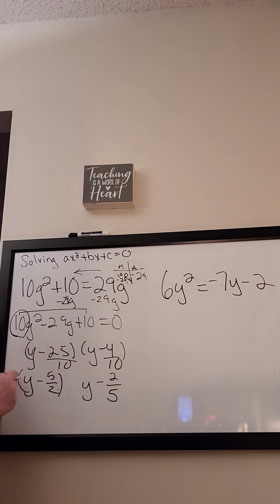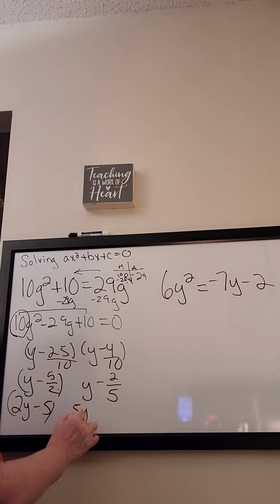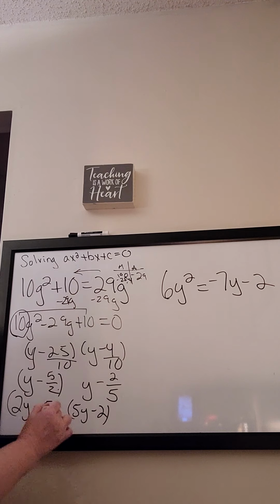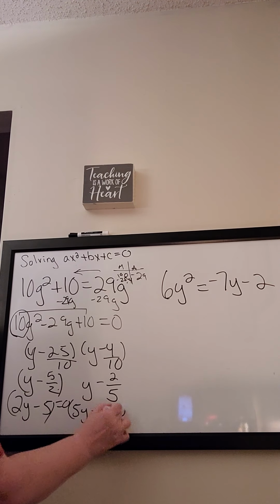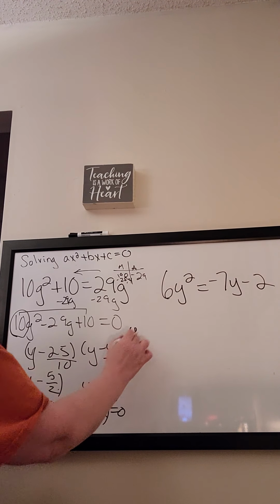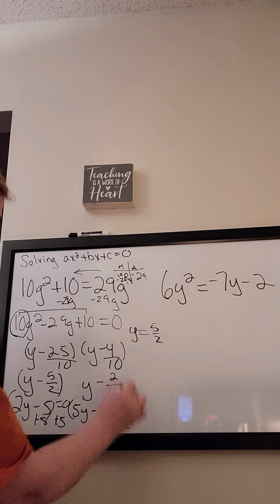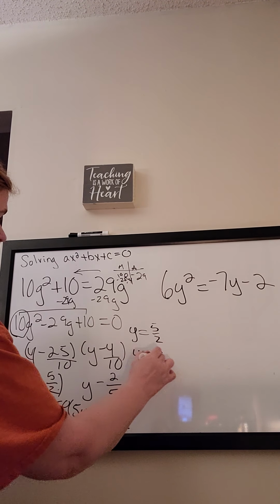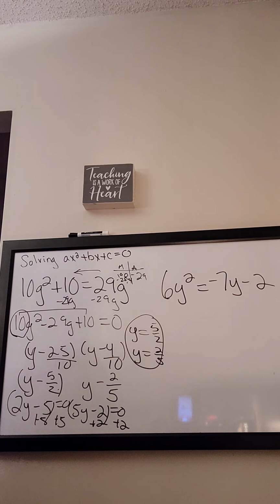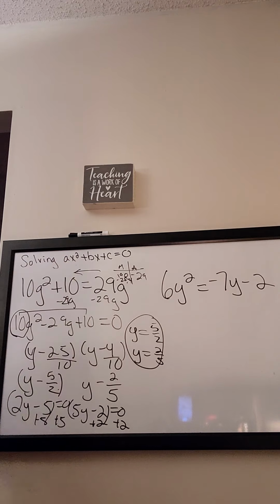The denominator goes with the variable, so 2y minus 5 and 5y minus 2. We are solving, so we have to set those both equal to 0 and find out what y equals. So on this one, we would add 5 to both sides and divide by 2. So y equals 5/2. Add 2 to both sides and divide by 5, y equals 2/5. If you put those both back in, they should come out even on both sides.